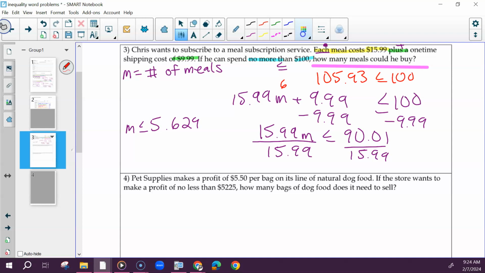Is this a true statement? No. So that means we can't do 6, we have to round down. Even though our rounding rules tell us to go up, in this case we have to go down. Because he doesn't have enough money for that 6th meal.